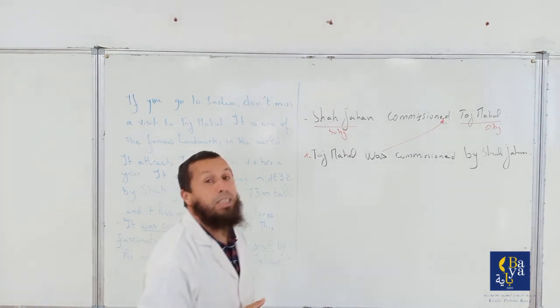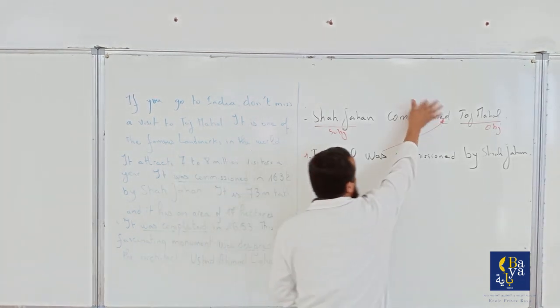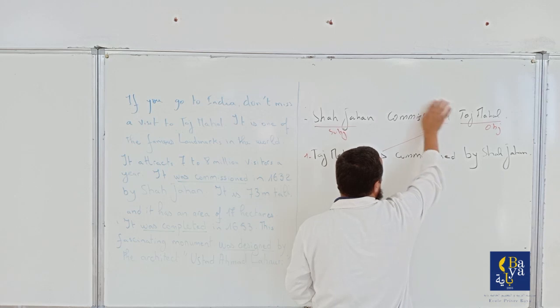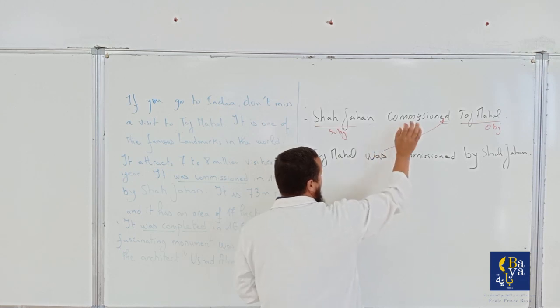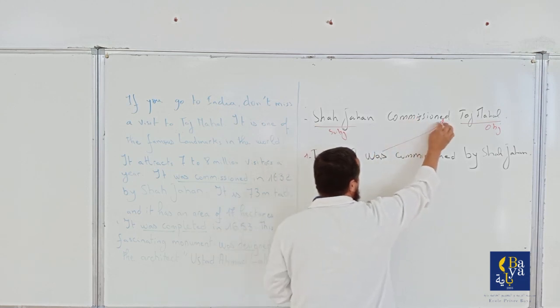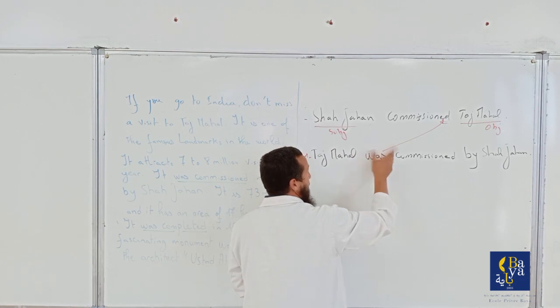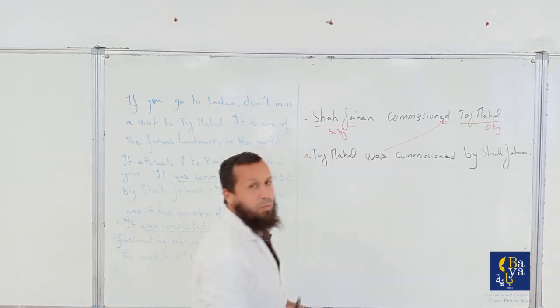If the verb is in the present, verb to be is in the present. If the verb is in the past, verb to be must be in the past. Okay?